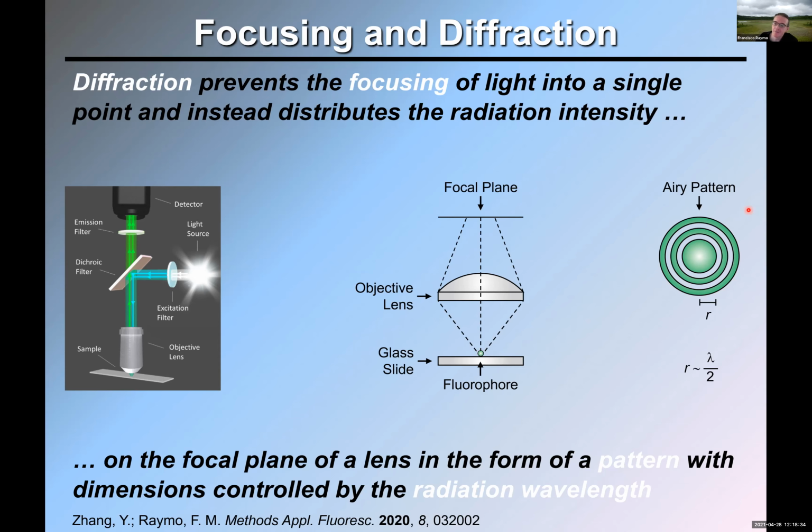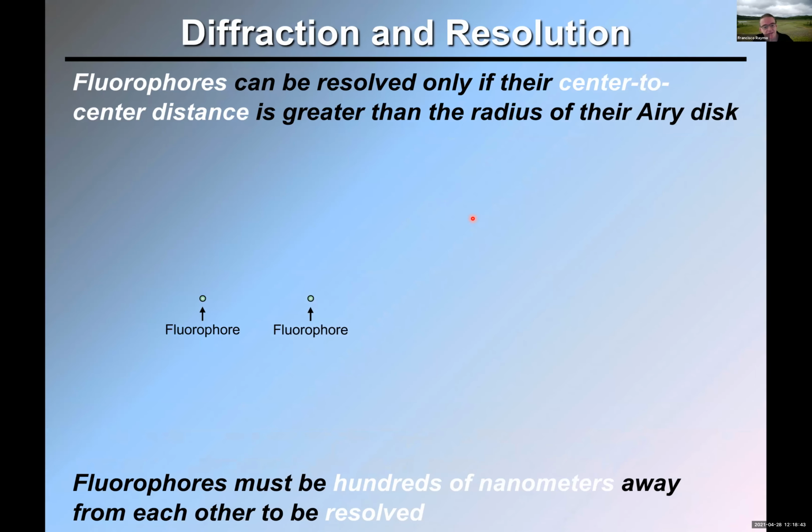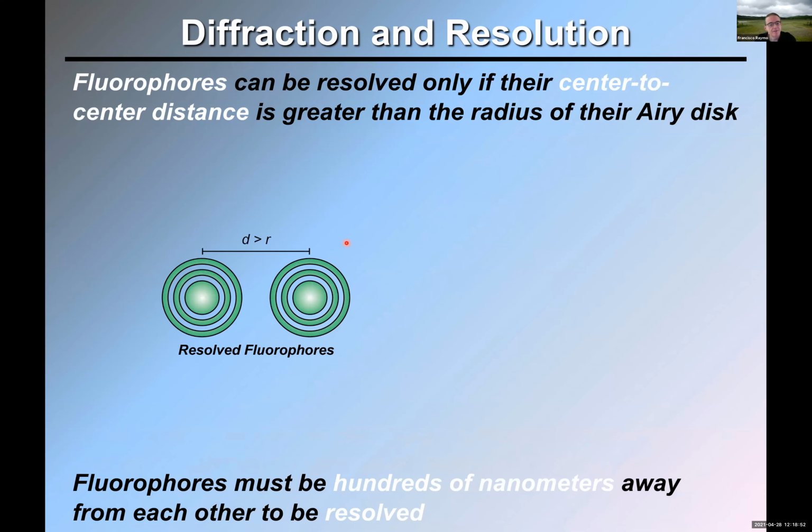Okay? So there is a significant mismatch between the real size of the fluorophore and its image on the focal plane. So if you have two fluorophores in the sample, one here and one there, the microscope will not see two small dots. It will see two very large patterns. So if the fluorophores are very far away from each other, and by very far, I mean several hundreds of nanometers away from each other, then the patterns can be resolved and the fluorophores can be distinguished.